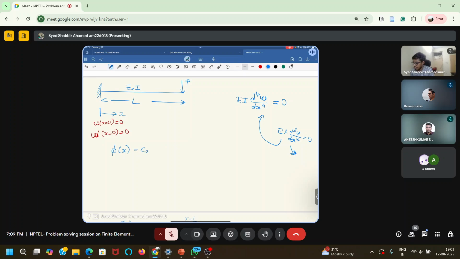Let's say I'll take something like C1 plus C2 x plus C3 x square plus C4 x cube. Will it satisfy my essential boundary conditions?